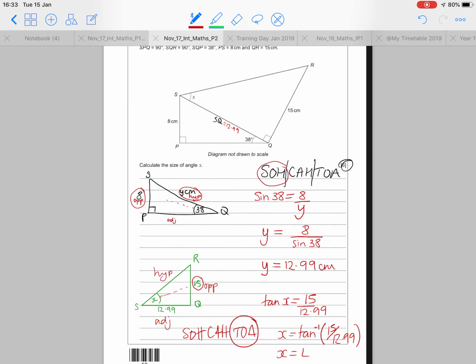The x angle comes out as 49.107. Two-step equation. So in my first step of the equation, I had to find the length of SQ, and in the second step of my equation, then I was ready to go and find angle x.